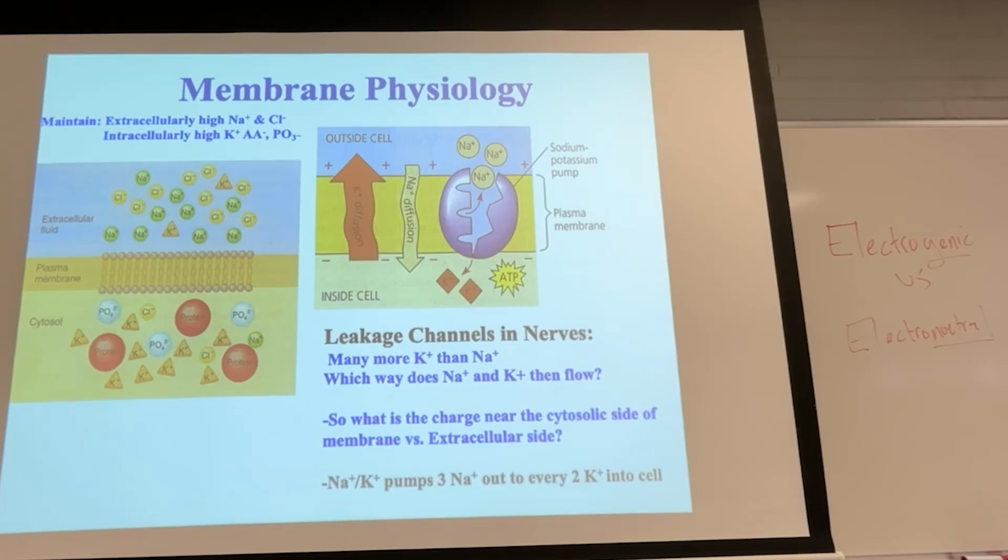So the smooth ER is a calcium storage site for cells. And you might ask, why do we keep calcium low in the cell? Calcium is a major second messenger. Remember, second messengers change physiology in response to a ligand. And so we don't want calcium sitting around in the cytoplasm because it'll turn on enzymes we don't want on. So we have to keep it low until we need calcium.